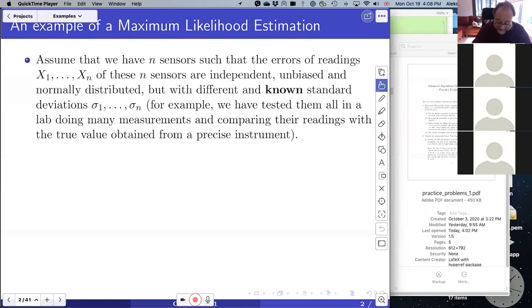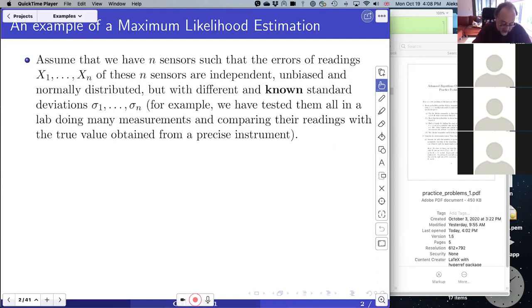Assume that you have, say, 10 voltmeters, and you have to measure a certain voltage. Before you measure that voltage, you went to the lab and you tested all the voltmeters, comparing their readings with the readings of a super precise, expensive lab quality voltmeter.